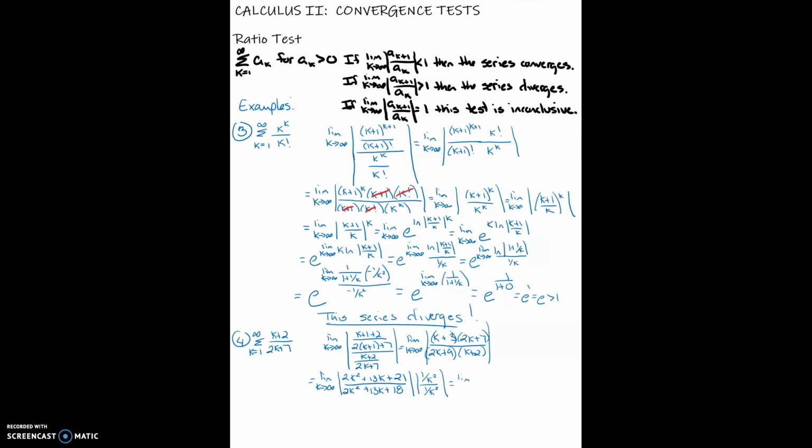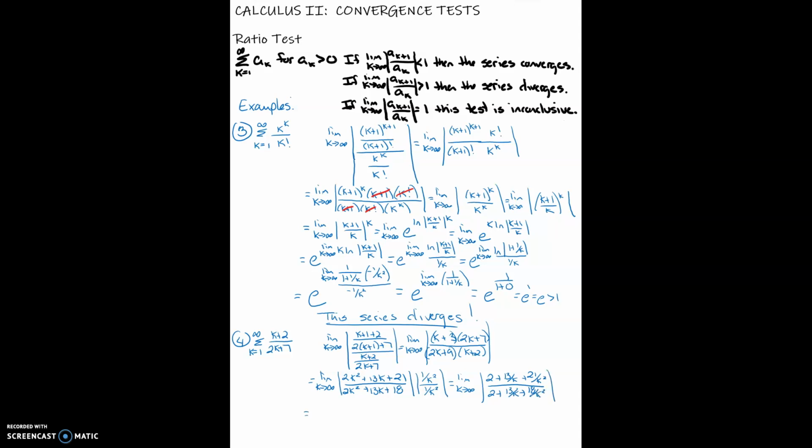We now have the limit, still need to write that limit notation, of 2 plus 13 over k plus 21 over k squared over 2 plus 13 over k plus 18 over k squared.